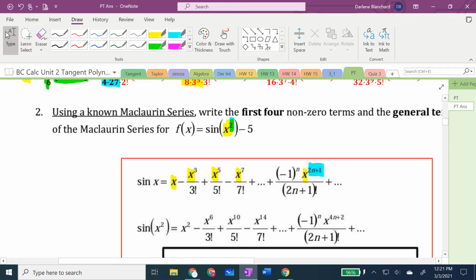And then the next thing you're asked to do is to subtract 5. When addition subtraction comes into play, it's only going to combine with a like term and it will not change the general formula.